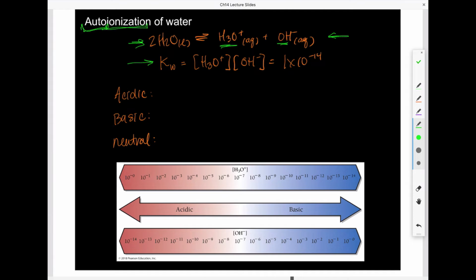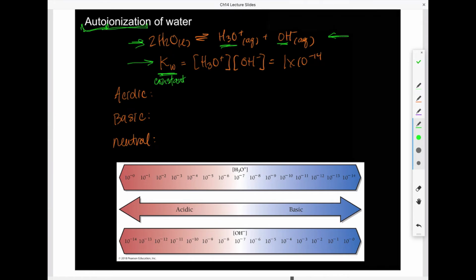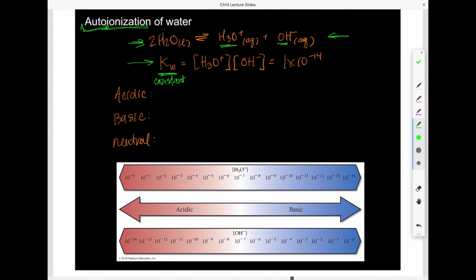Water autoionizes, which gives us Kw, where Kw is a constant that basically fixes the ratio of hydronium to hydroxide in an aqueous solution. Kw is a constant that fixes the ratio of hydronium to hydroxide in an aqueous solution.